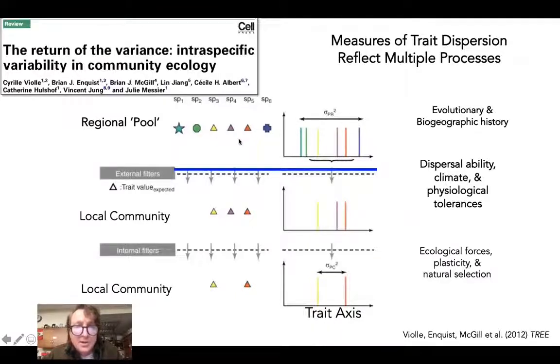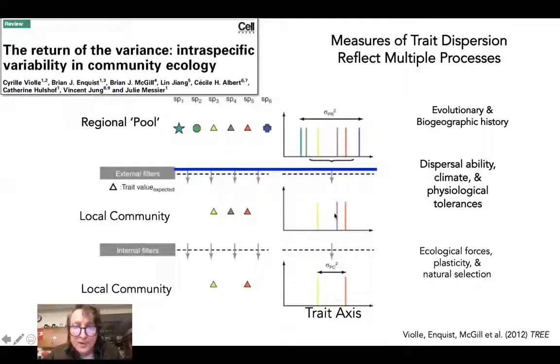Now, as those species disperse into a local community, if there is any sort of process that limits the traits that can get into a given community, that will limit the amount of variability of traits; that is, it will filter the traits found locally. But then, once those species arrive by immigration and start interacting with each other, a certain trait value may become selected against or become very rare, so that the dispersion will change, right?